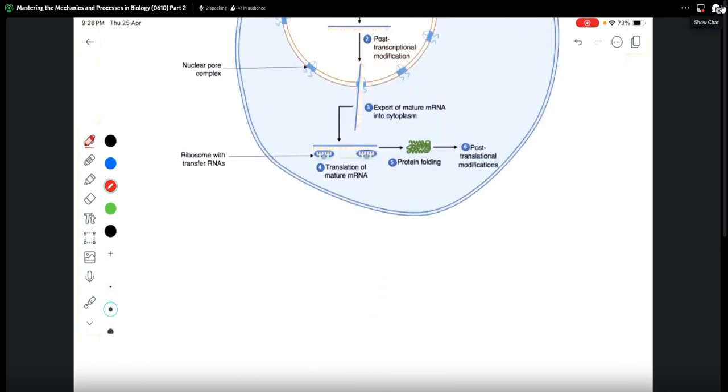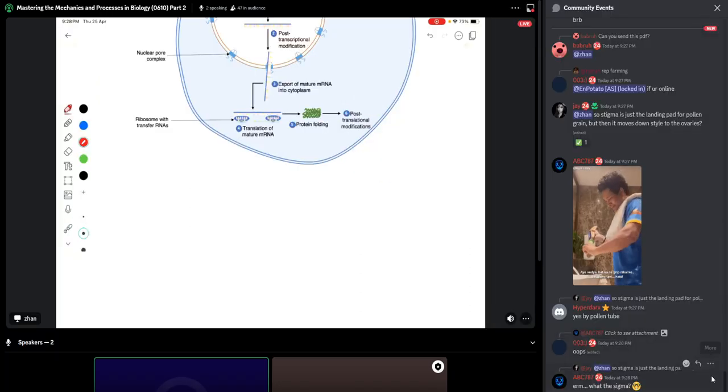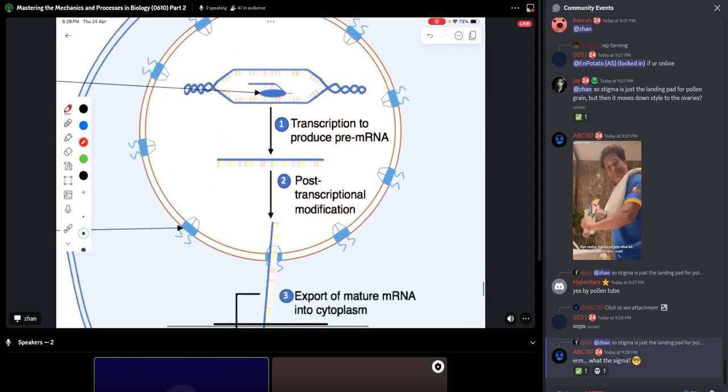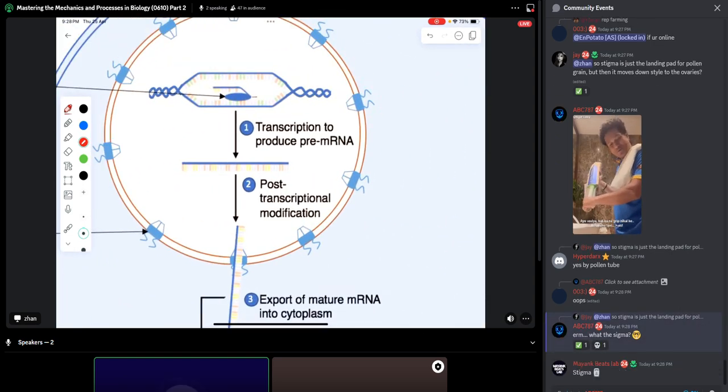Protein synthesis is frequently asked in exams, so do understand what is happening in it. I just want to explain with a diagram, it's always better.